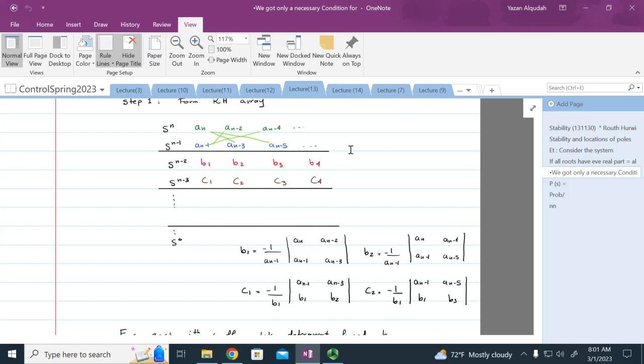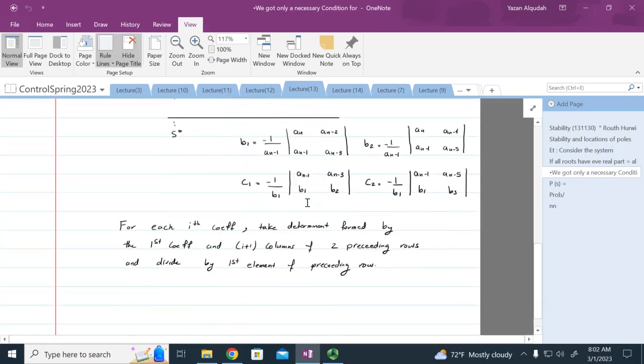This column stays throughout all the calculation of that row, and a_{n-1}. And then we alternate, we choose this column to calculate the relative entries. Okay, so that is hopefully straightforward.